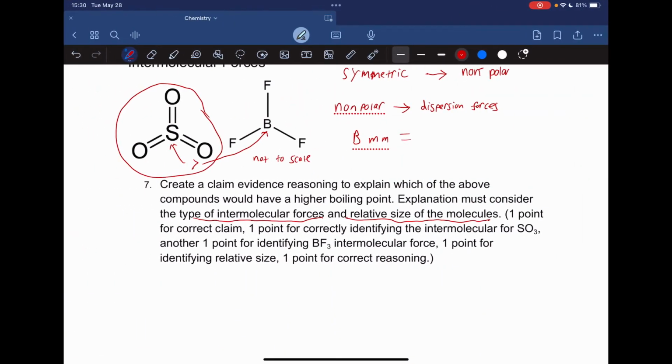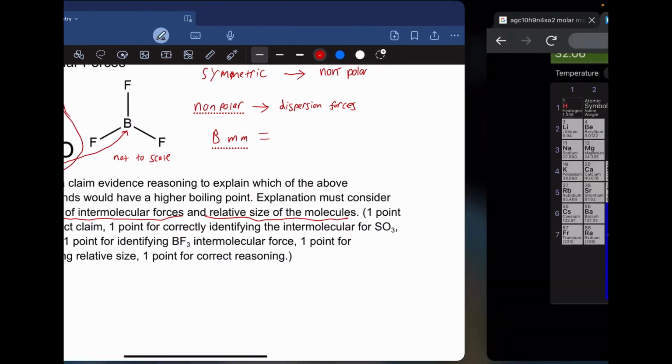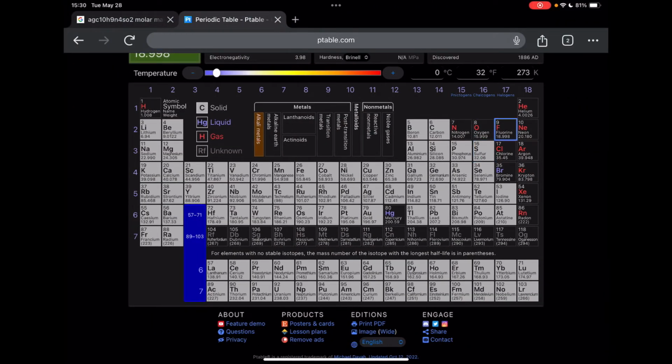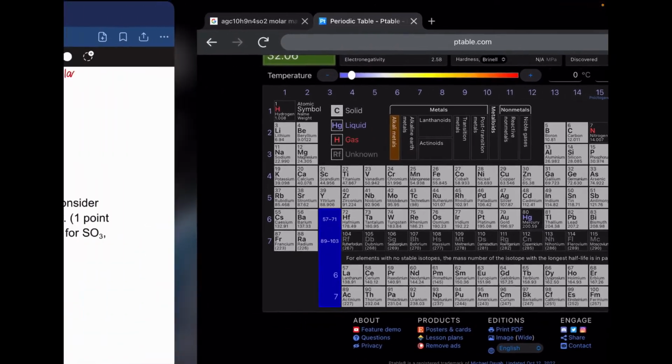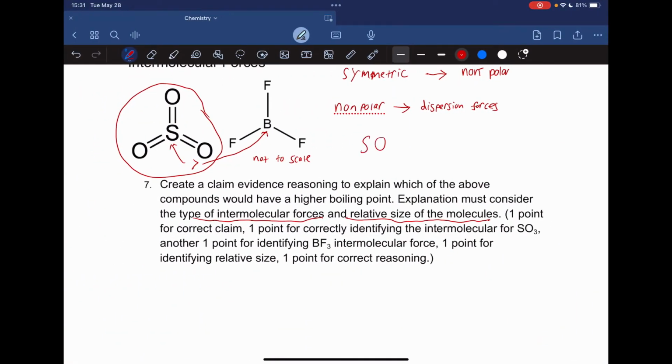Oxygen and fluorine have fairly close molar masses. Fluorine is a little bit bigger, but the difference between sulfur and boron is going to be more significant. Sulfur trioxide is a larger molecule than boron trifluoride.